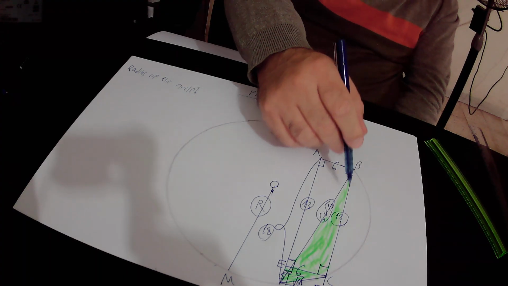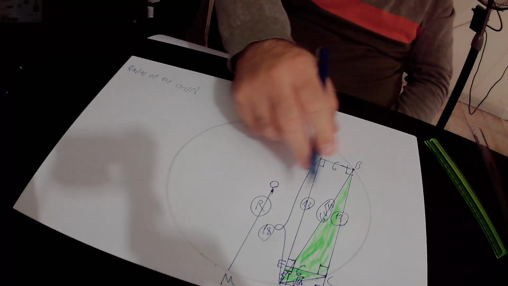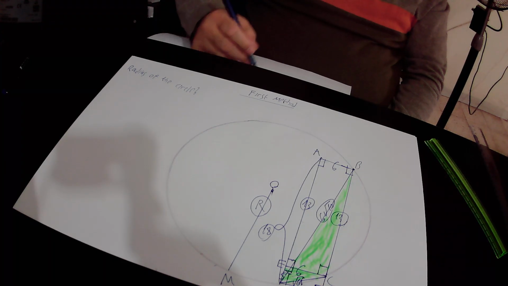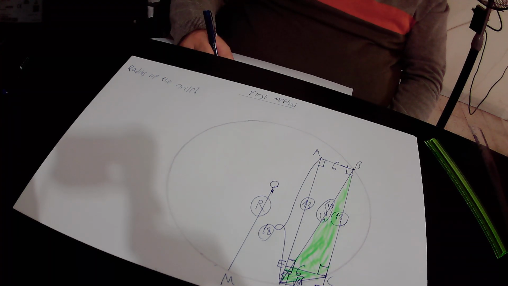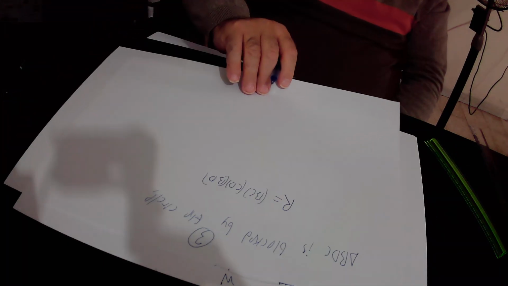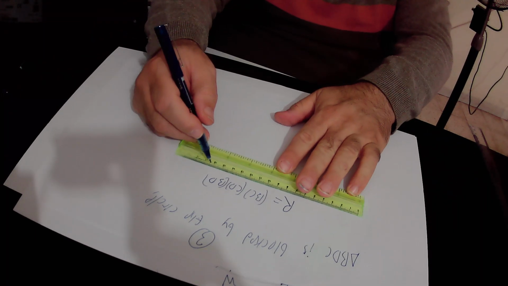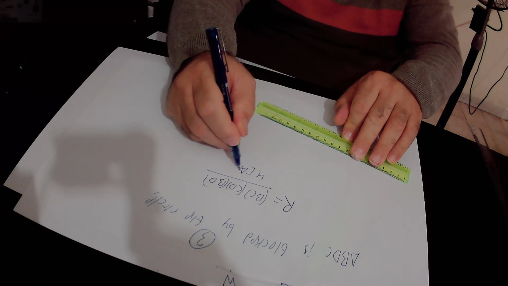That is to say, it will be BC times CD times BD, over 4 times the area of the green triangle BDC.